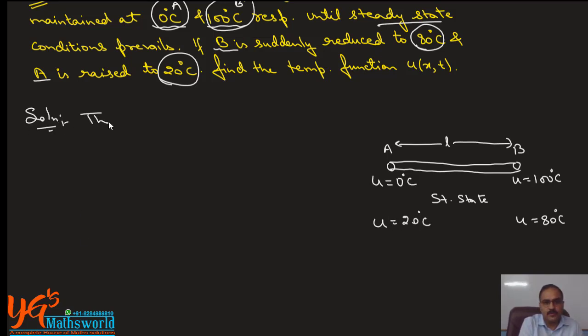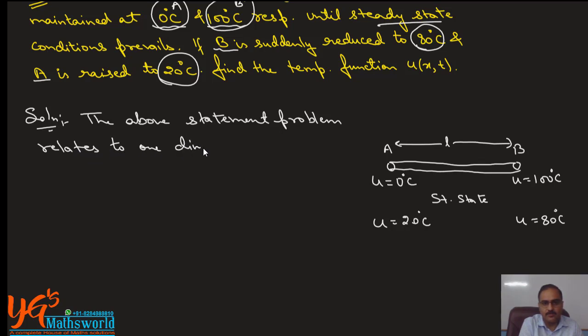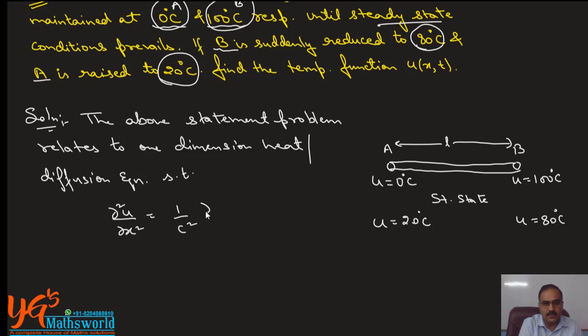So the above problem relates to the one dimensional heat, or you can say diffusion equation, such that ∂²u/∂x² is equal to 1/c² ∂u/∂t. Let it be equation number 1.